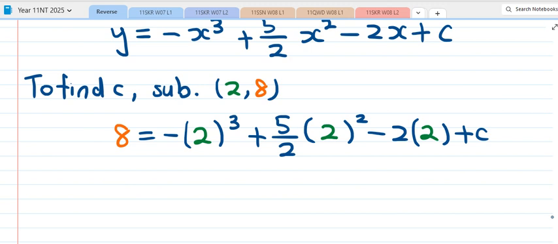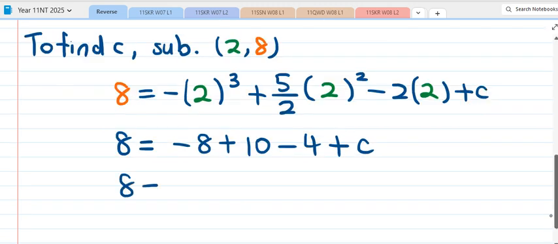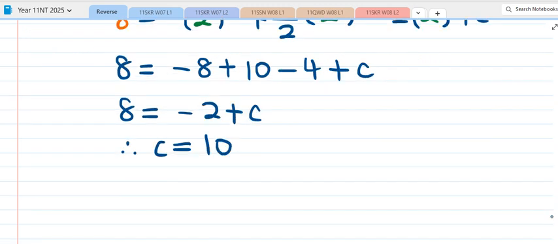So here, if we try to simplify this, 8 equals negative 8 plus 5 over 2 times 4, which will be plus 10, minus 4, plus c. So this one, 8 equals negative 2 plus c. Therefore, c equals 10. So there you have it.